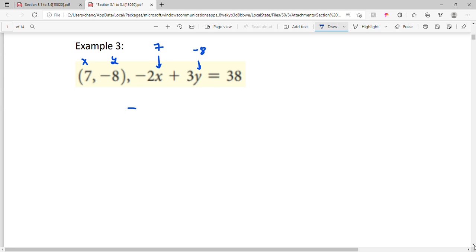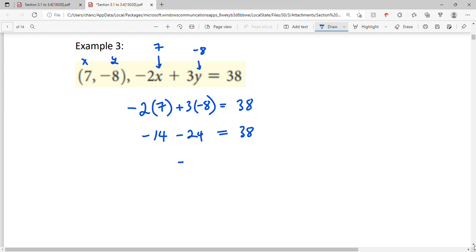Doing the substitution, we have negative 2 times 7 plus 3 times negative 8, and let's check if that's equal to 38. Negative 2 times 7 is negative 14. 3 times negative 8 is negative 24, and that is equal to 38.